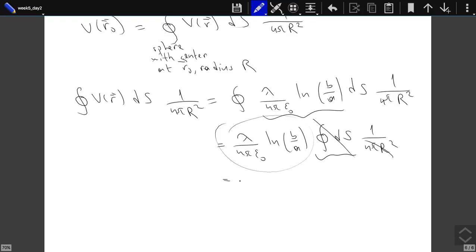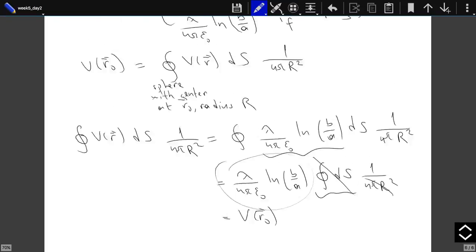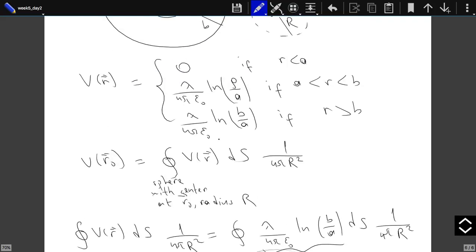So what remains is the potential at the point R0 also, because R0 is outside both of these cylinders, and the potential at R0 is lambda over 4 pi epsilon 0 logarithm of B over A. This was the trivial solution because the potential is constant everywhere, so its average is equal to that same constant.